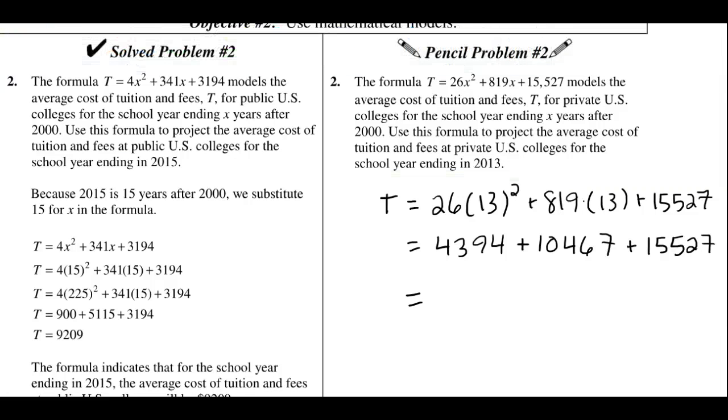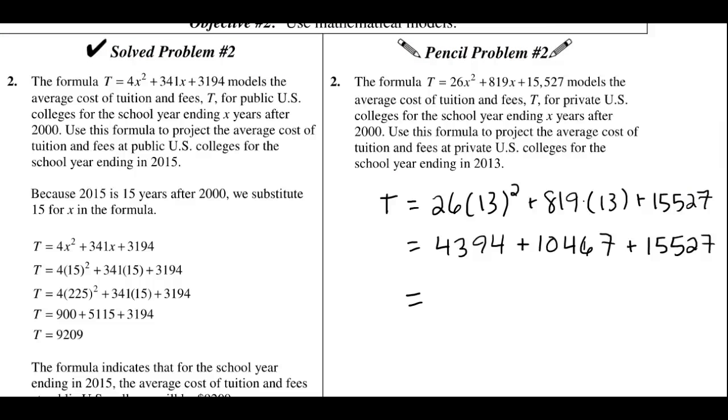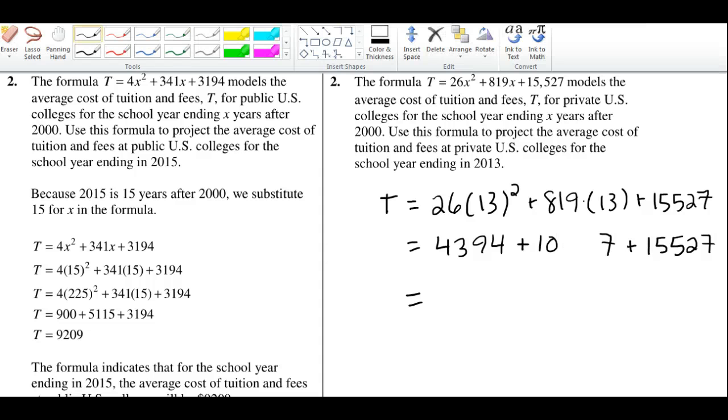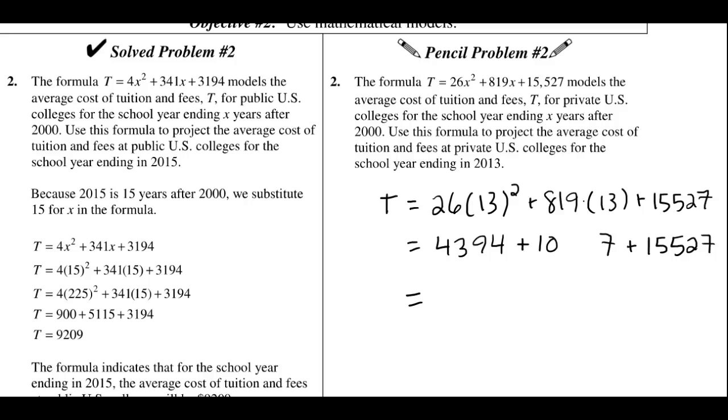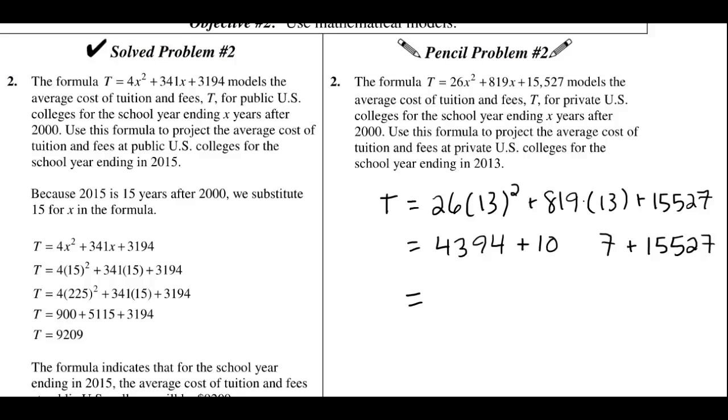So 647. Sorry, I'm still getting the hang of this new recording software. Alright, and 647. Okay, so let's see if we can try real hard and remember these numbers.